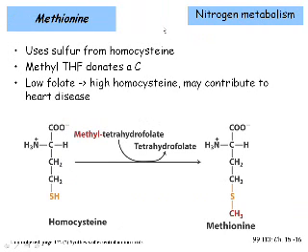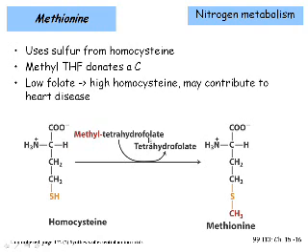How do we make methionine? We can use homocysteine as the source of the sulfur. Methyl tetrahydrofolate is going to add the methyl group to the end of the homocysteine to make methionine. This is one of the places in which folic acid is possibly important to heart health.